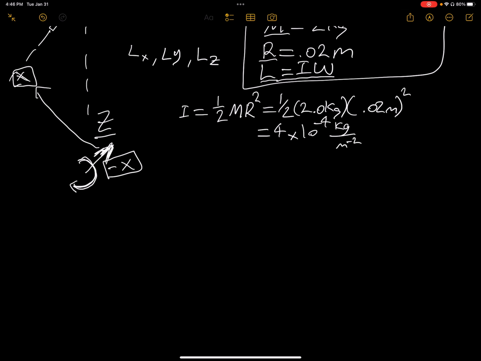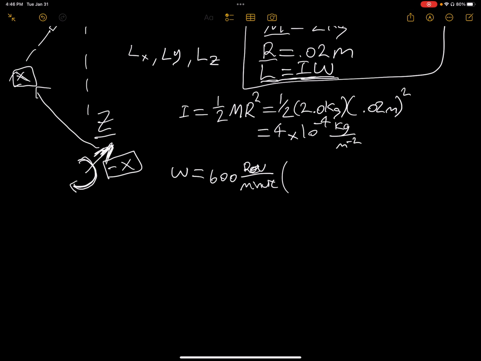Next up, the other component of angular momentum is omega. We're given omega, but it's best for us to convert it into radians per second, because that's the baseline unit for that number.